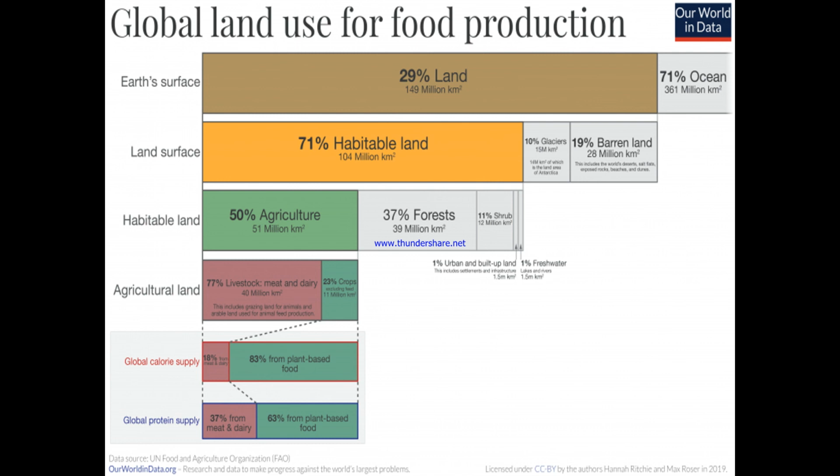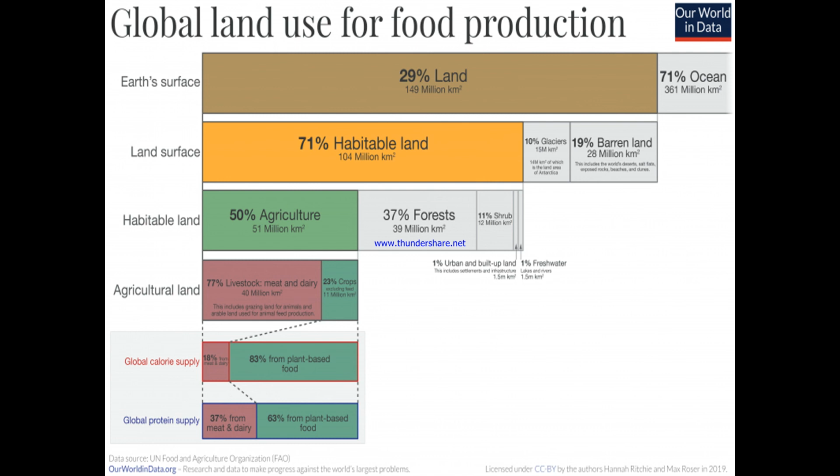So out of 29%, only 70% is habitable land, which comes to about 104 million kilometers. 10% glaciers, that is 50 million square kilometers. 19% barren land, which comes to 28 billion square kilometers.